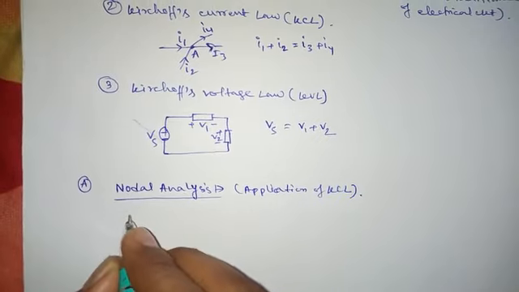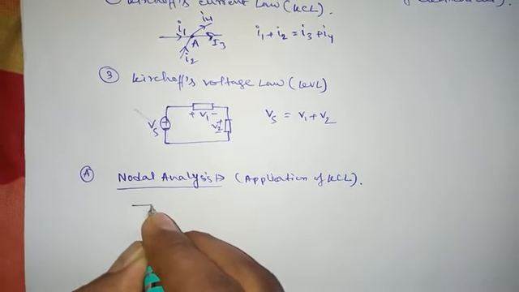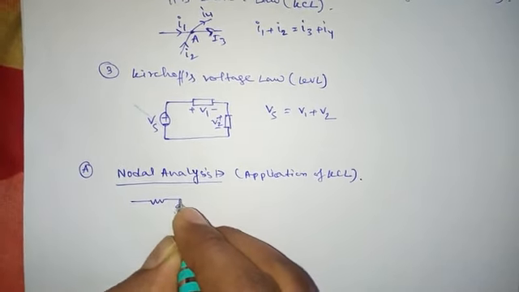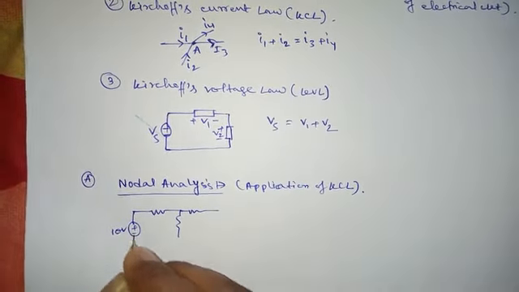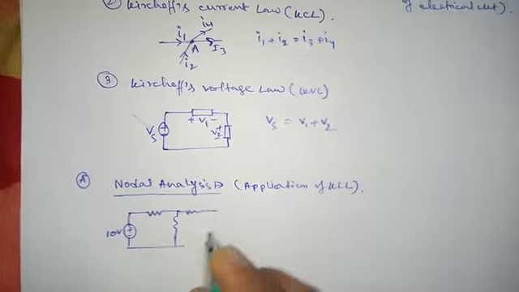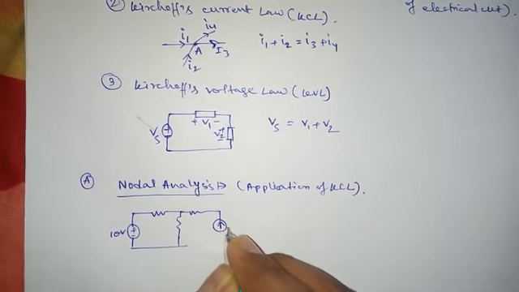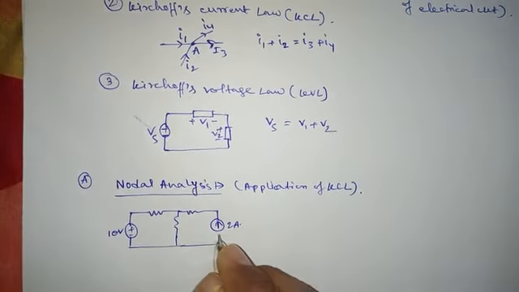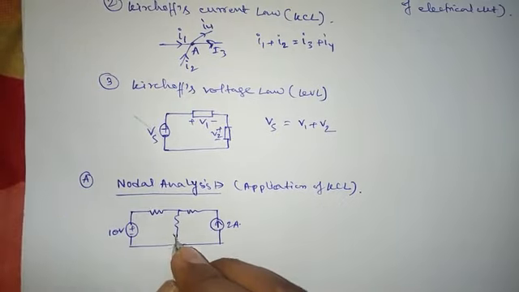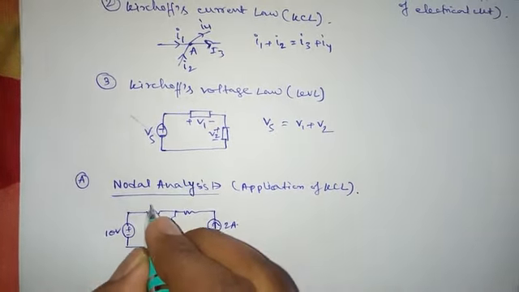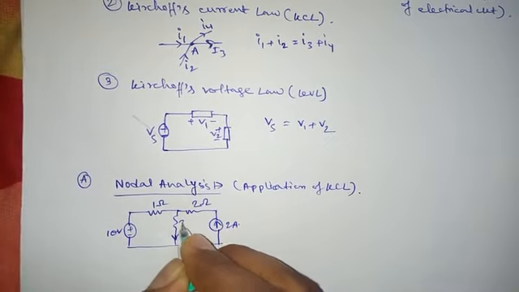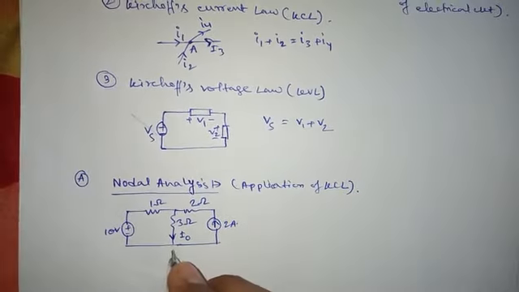First, I have taken a simple circuit which has three branches, one 10-volt voltage source and one 2 ampere current source. Here I have to find the current I0 which is flowing through the 3 ohm resistance.